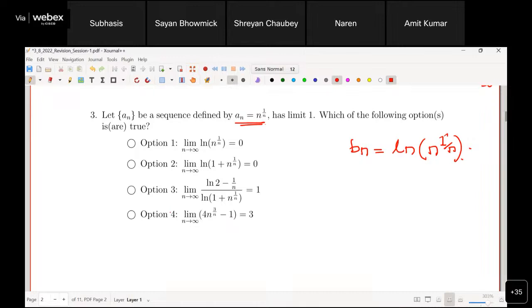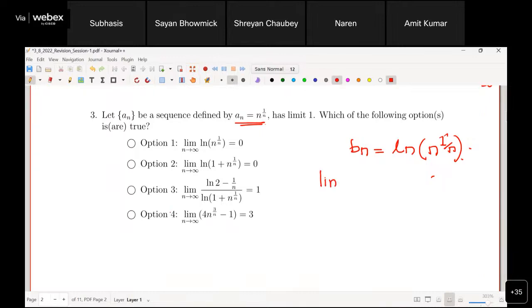That means the first term of the sequence will be ln 1, and the second term is ln of 2 power 1 by 2, which you can write as ln 2 by 2. These are the terms of the sequence, and you need to find the limit of the sequence.